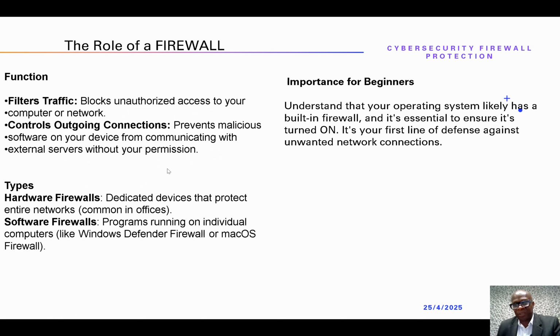Your firewall must be on. It comes by default, but most times it's not turned on by default. So you have to turn it on, and apart from that, you need to know how to control it. That's one of the benefits of having this course. It's your first line of defense against any unwanted network connections.